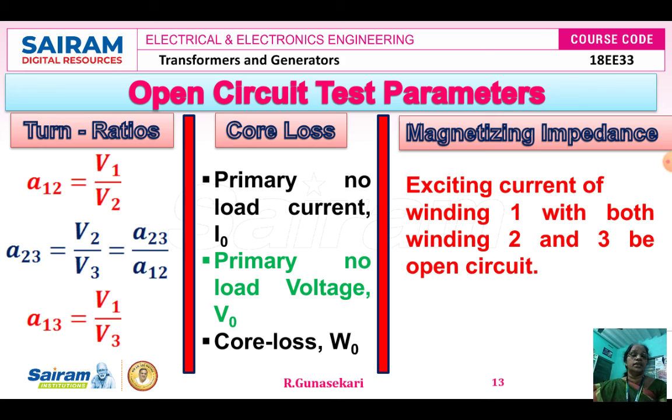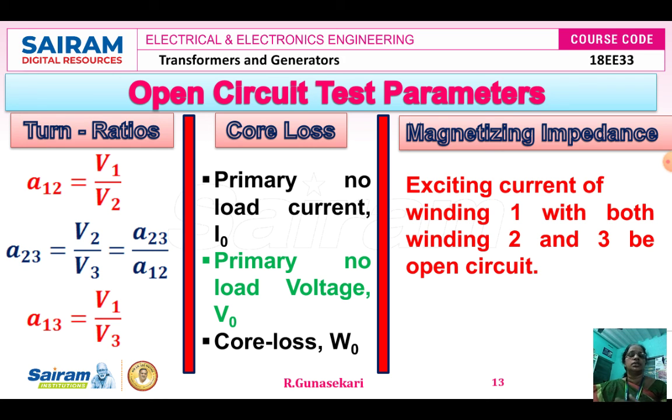Then how to calculate the magnetizing impedance. The equivalent circuit of the 3 winding transformer consists of the exciting circuit also. You can calculate the exciting current of winding 1 with the other 2 windings, winding 2 and 3, open circuited. This is one test. Otherwise you can take the exciting current of winding 2 with winding 1 and 3 open, which is also possible.